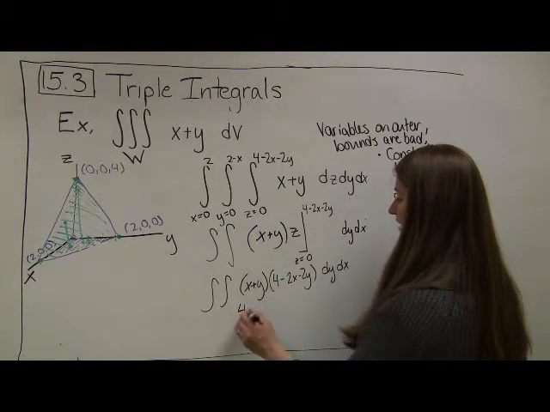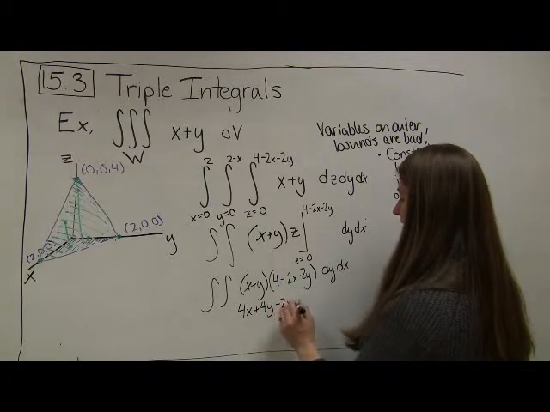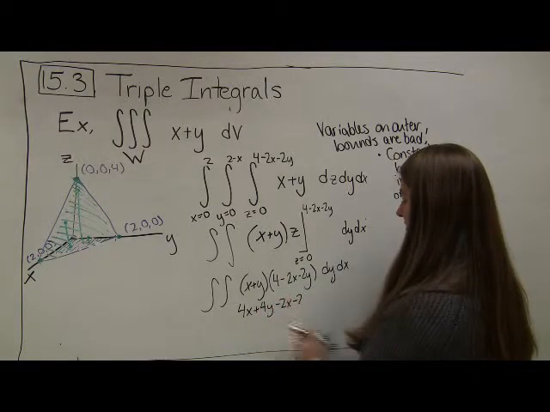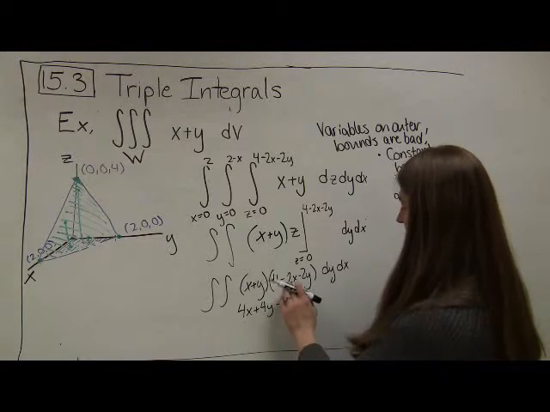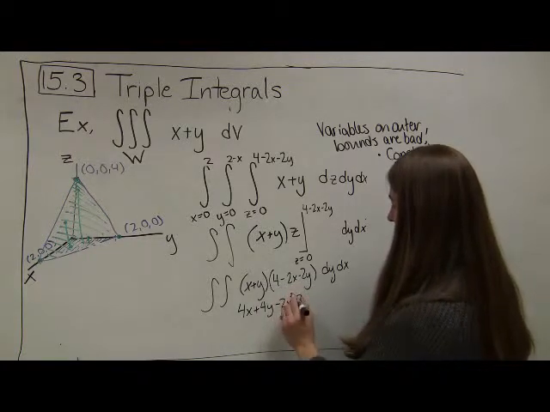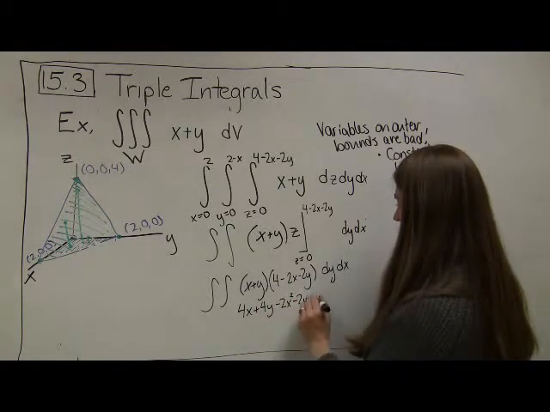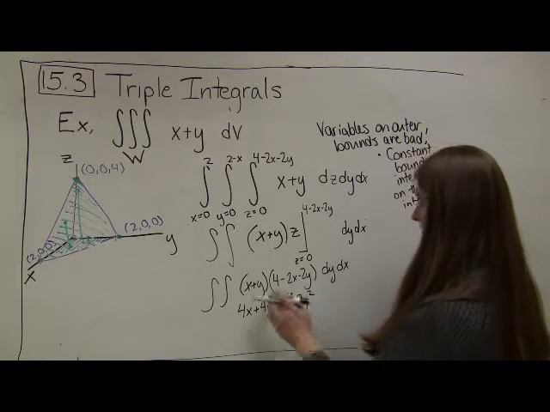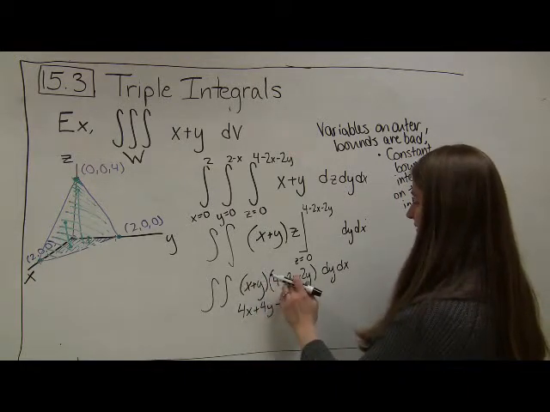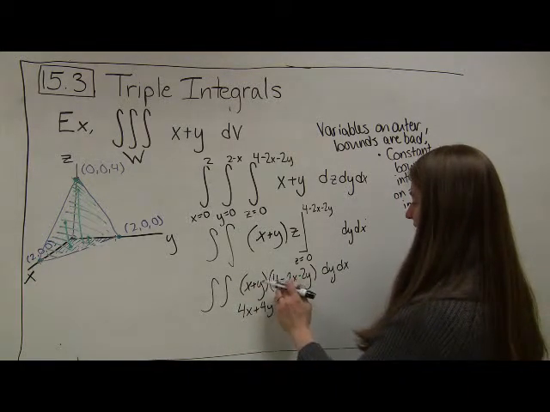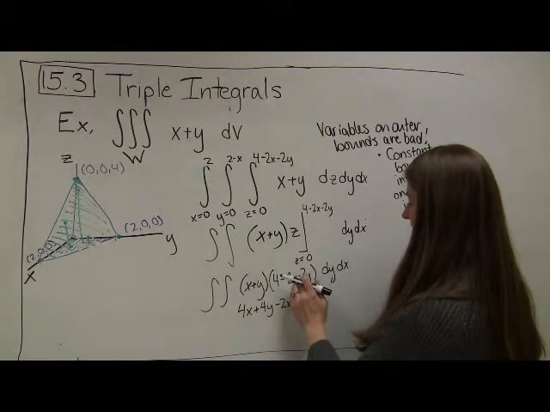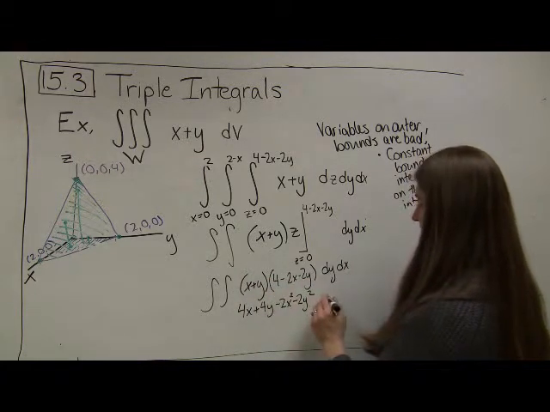and I get 4x plus 4y minus 2x minus 2x squared minus 2y squared. 1, 2, 3, 4, 5, 6.